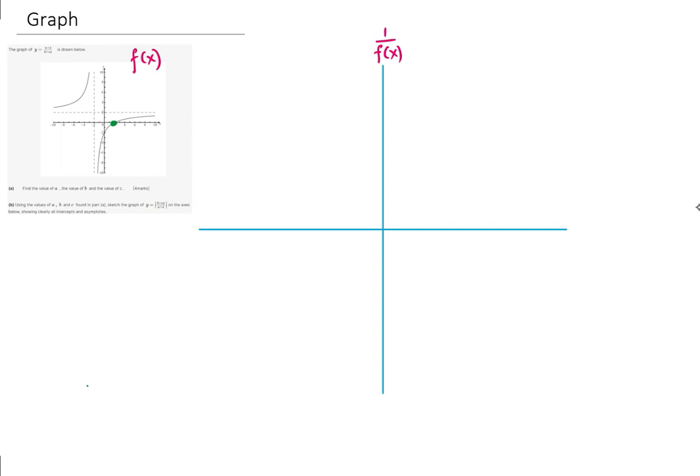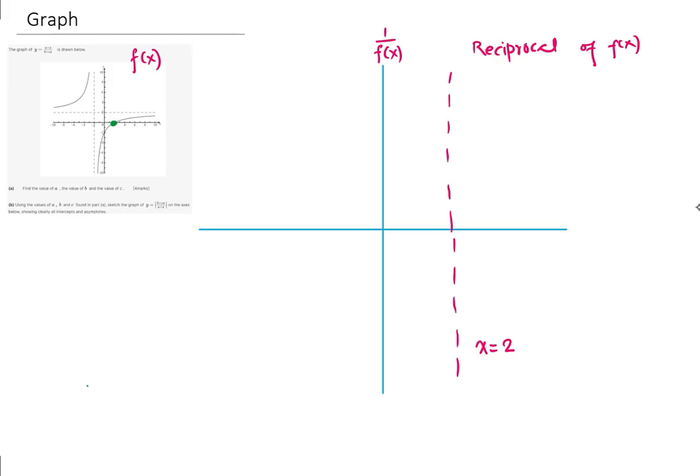So step 1, reciprocal of f of x. I'll do absolute later, second step, okay? So I'm making it bigger. So at 2, we have a vertical asymptote. Do you see that?